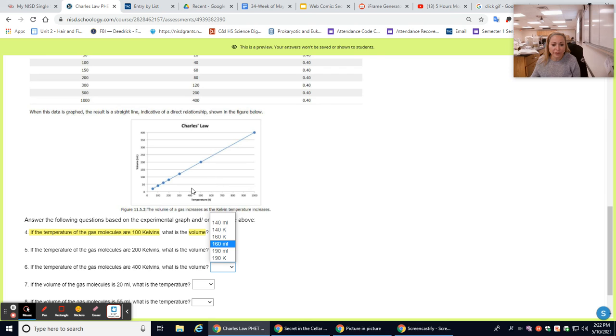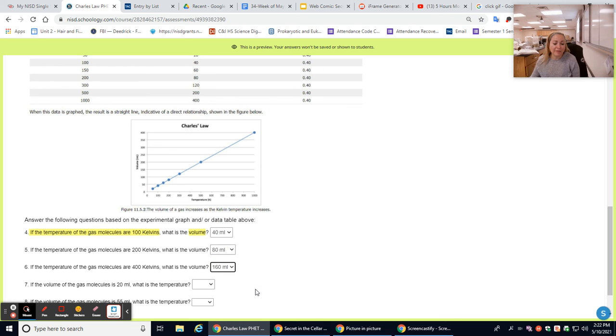It's kind of hard to tell with the graph, but this one should be 160, because it's closest to half. Since it's 400, and 120 to 200, half of that would be 160 milliliters.